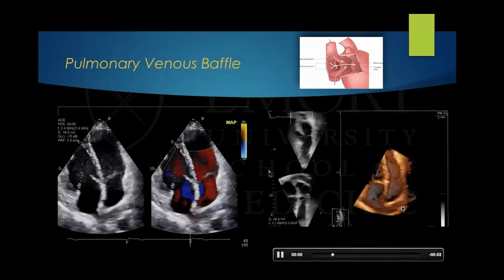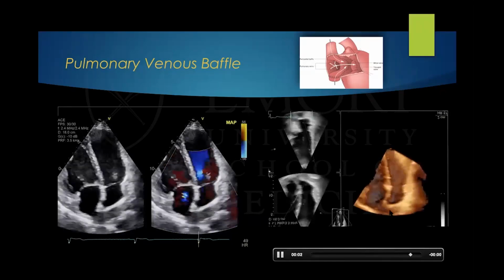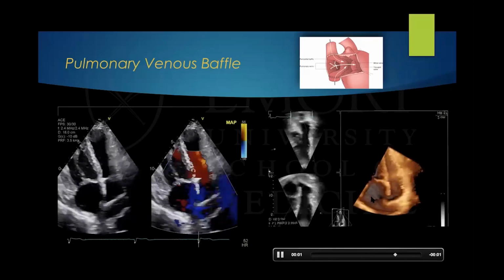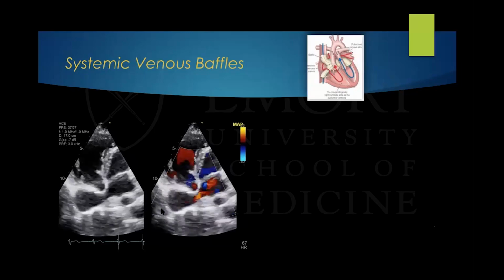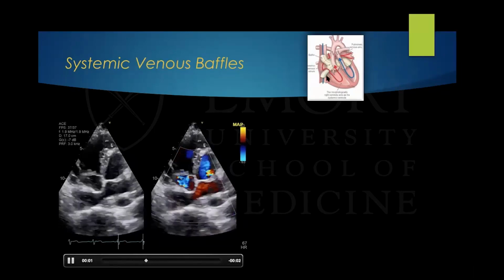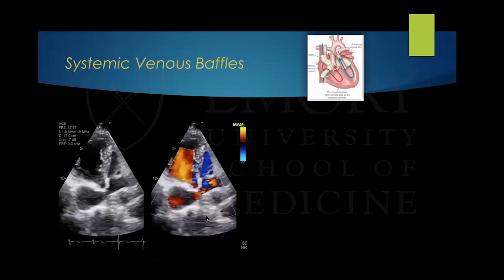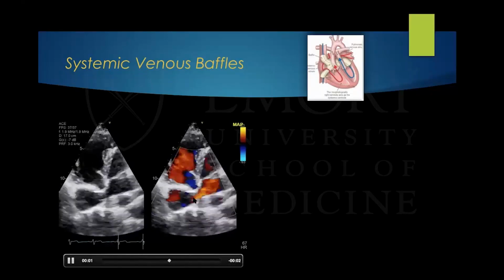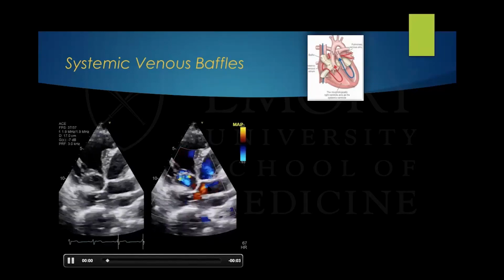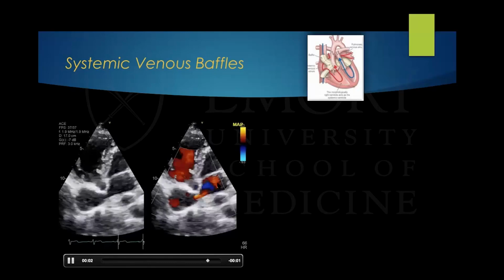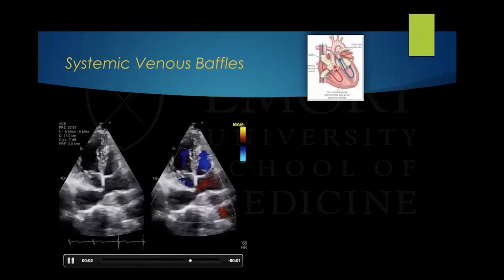And here is a three-dimensional image of this. This looks like a Senning. It looks like the patient's own atrial tissue was used to create the pulmonary baffles into the right atrium. For the systemic venous baffles, the IVC, which will be in this graft here, this synthetic material, is routed from the right part of the inferior vena cava into the left atrium, and then into the left ventricle and out to the pulmonary artery.